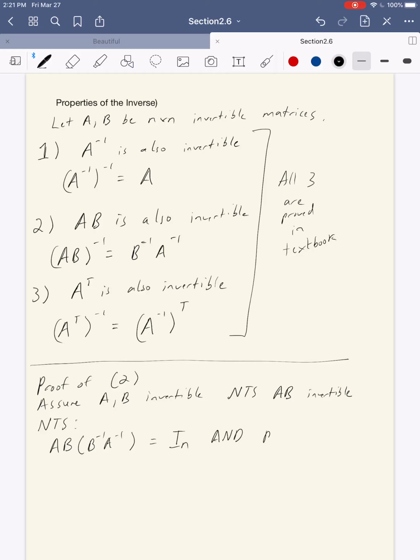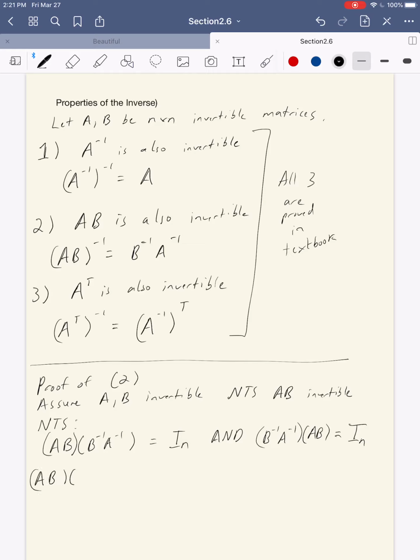And the other direction, that if we do B inverse A inverse, let's put some parentheses around that, and then go to our matrix AB, then that will be the identity matrix. So remember, when you're trying to show something has an inverse, what you need to show is that no matter which side you multiply it on, you will get back to that identity matrix. So let's go ahead and do that.